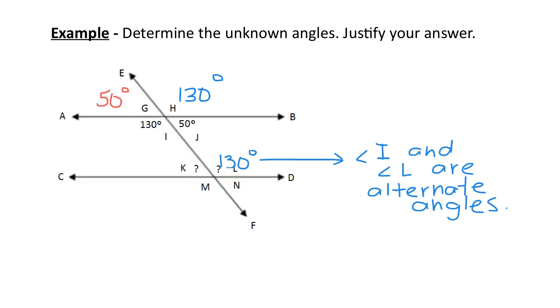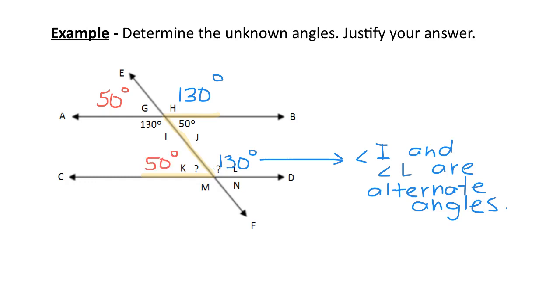Okay, what about finding angle K? I see that there is another Z pattern within my diagram, which I'm highlighting for you in yellow. In this highlighted Z pattern, I can see that angle J, which is 50 degrees, is going to be equal to angle K. They are alternate angles.